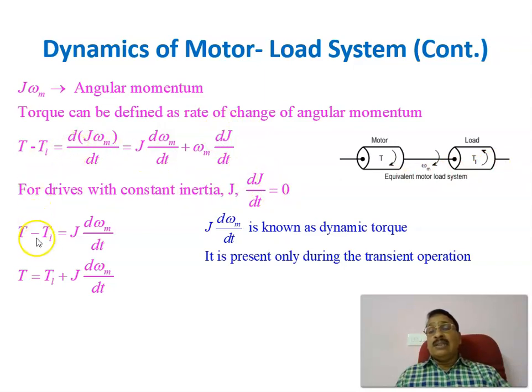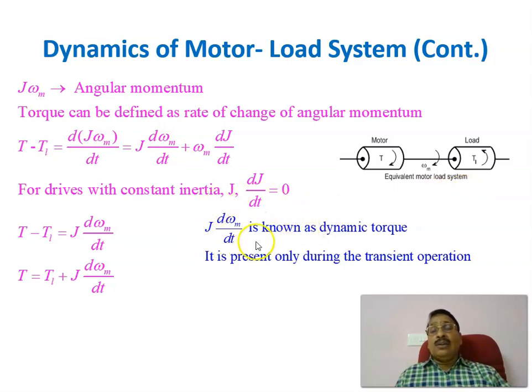Therefore, the equation now becomes T minus TL, the difference in torque, that is the accelerating torque, T minus TL equal to J into d omega m by dt, where J into d omega m by dt is also called dynamic torque, and it is present only during the transient operation, either during starting or acceleration, or during braking or deceleration.